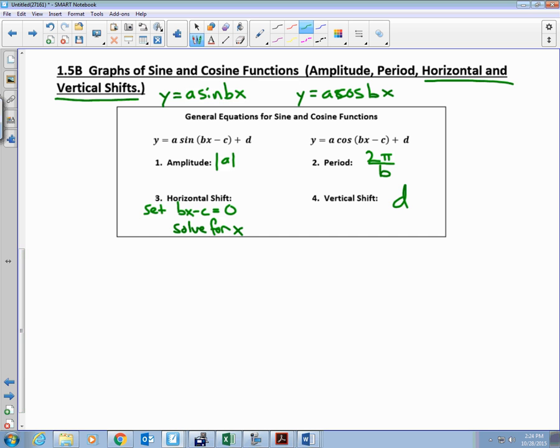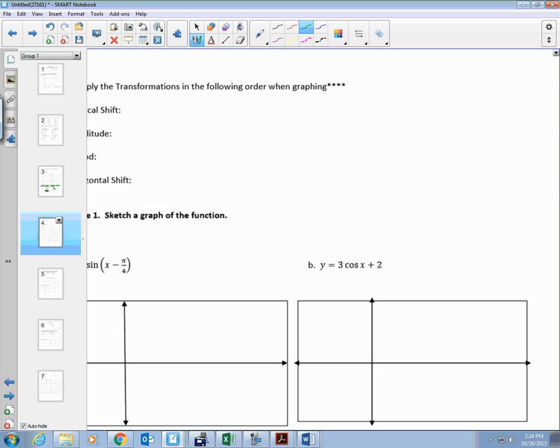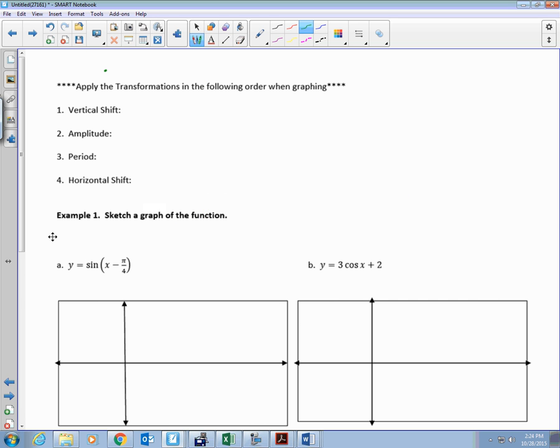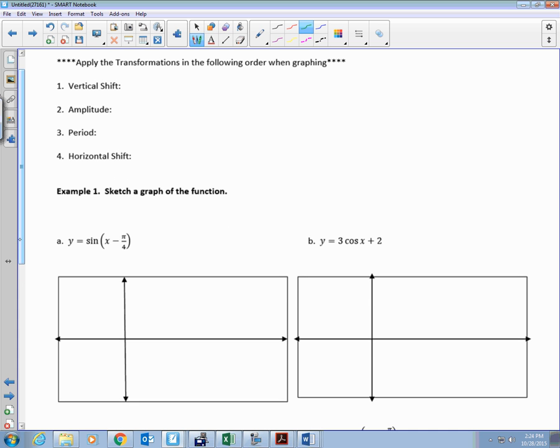So flip it over, and it says, always apply the transformations in this order, okay? I'm going to start by doing letter B. I'll do letter A after we do letter B. We don't start by looking at the amplitude and period. We actually start with the vertical shift.